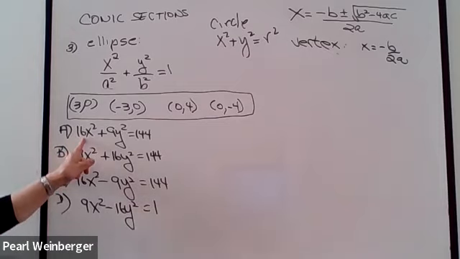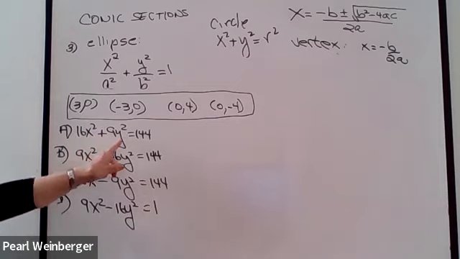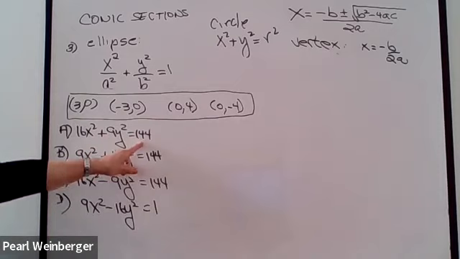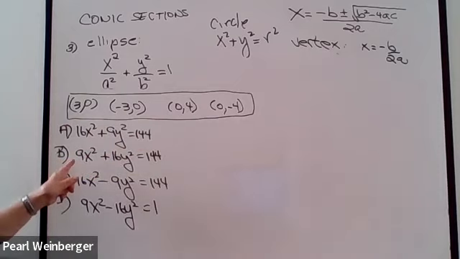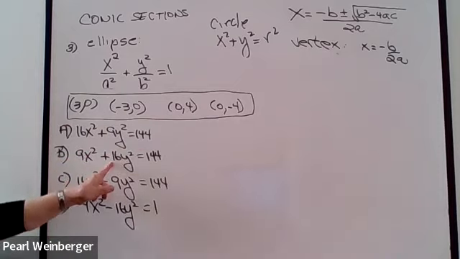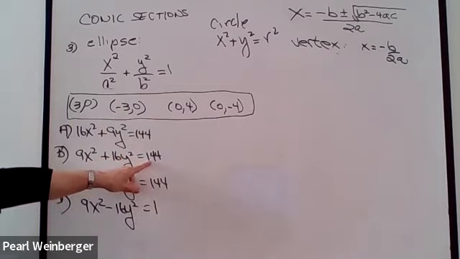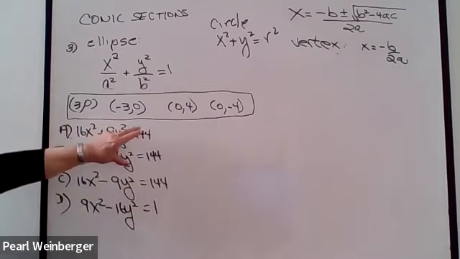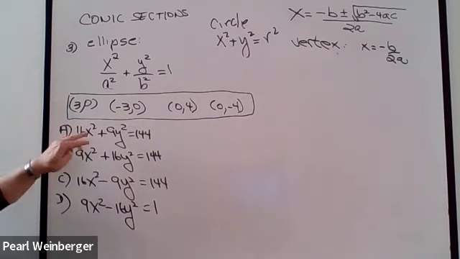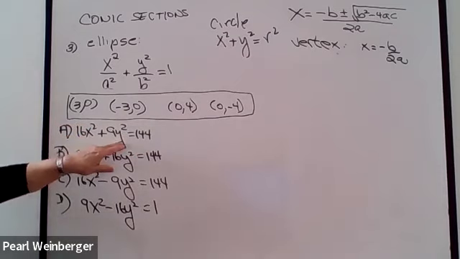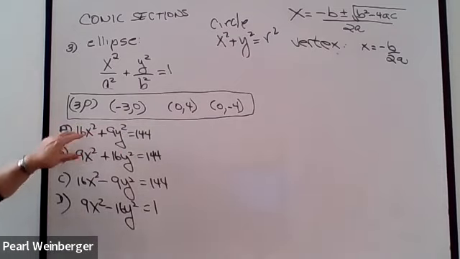One says 16x squared plus 9y squared equals 144, and the other says 9x squared plus 16y squared equals 144. I recognize these both as ellipses because they have an x squared plus a y squared, but the two numbers in front of the x squared and the y squared are different. That makes them an ellipse.